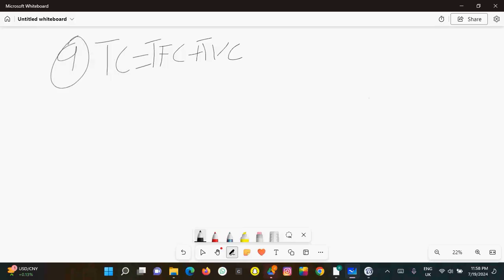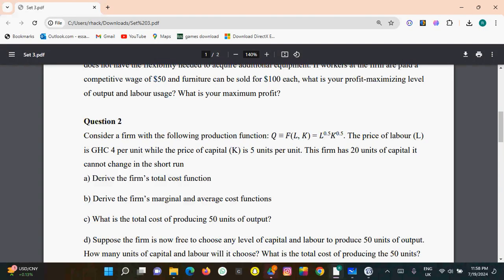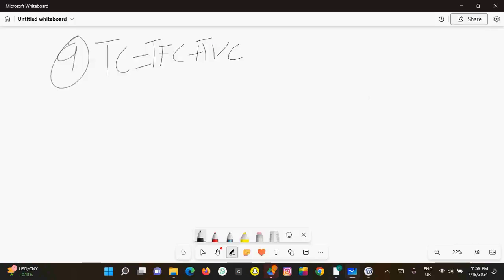Total fixed cost plus total variable cost, and break it that way. According to the question, K is fixed. So now total fixed cost is equal to RK, and total variable cost is WL.